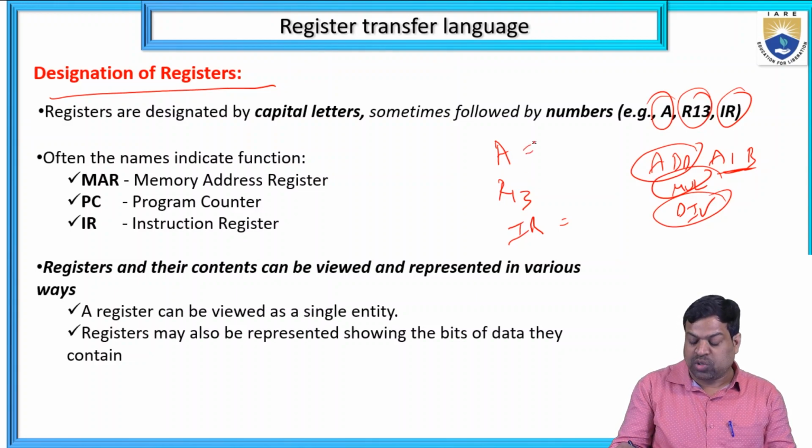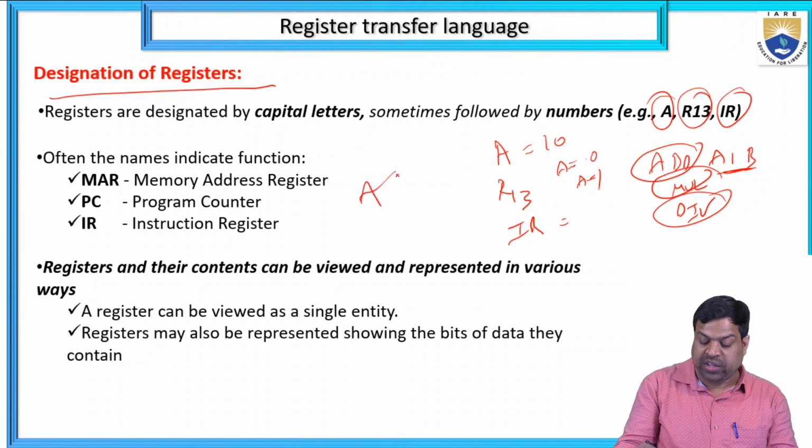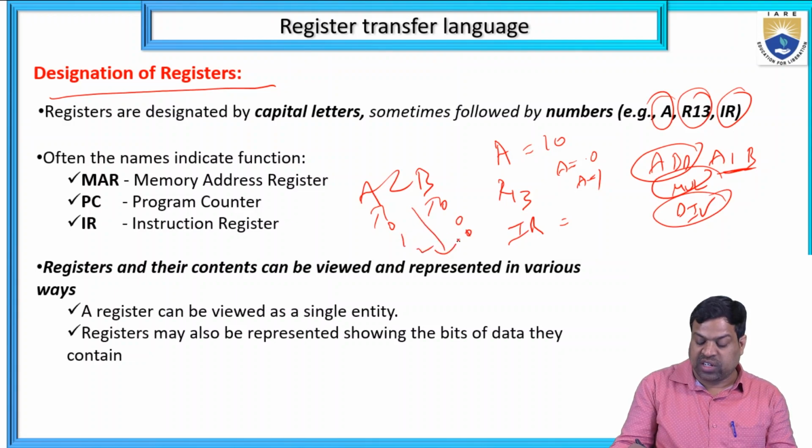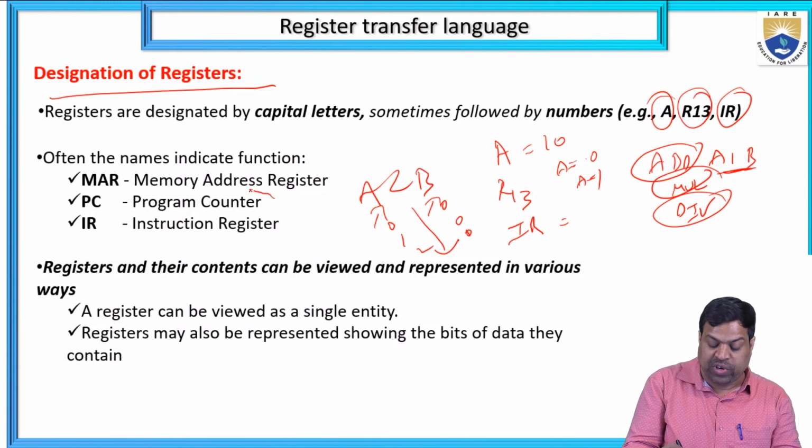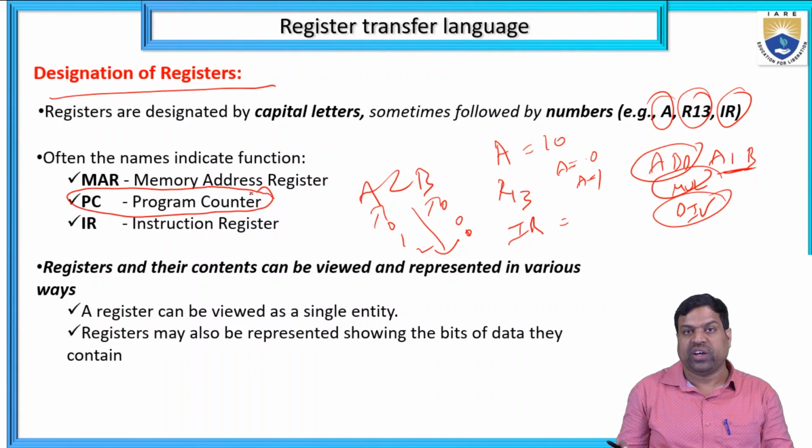Already we know that suppose I am taking A equal to 10. A starts from A equal to 0, A equal to 1. Suppose I am taking A less than B. Here, A less than B means I am taking A equal to 0, B equal to 0, A equal to 1, B equal to 0, A equal to 2, B equal to 0, like this. I am taking different values of A and different values of B. So this is how we are giving the inputs, A equal to 0, 1, 2, 3, 4, 5, 6, 7, 9 or 10.